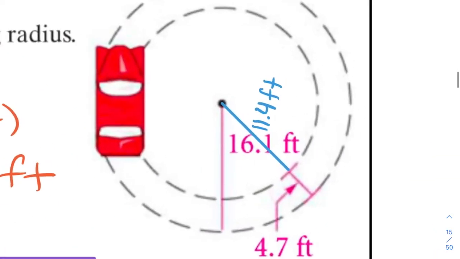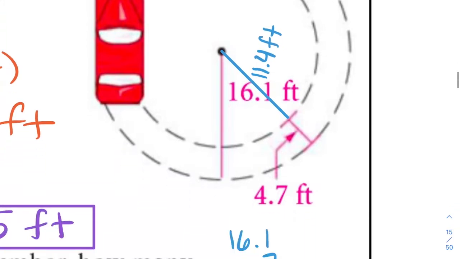So we were given that its turning radius, so as far as it can go here, the outside, has a total length of 16.1. I'm sorry, the radius for this particular circle, my apologies, is 16.1. We were given that the difference between the tires, how far apart they are, is 4.7.